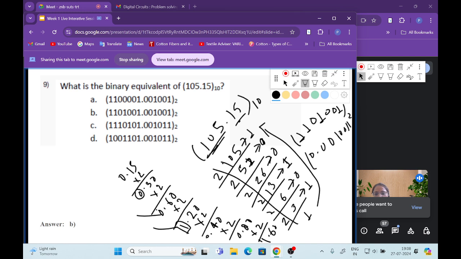So if you write, you will get 1101001 point, after point 001001.